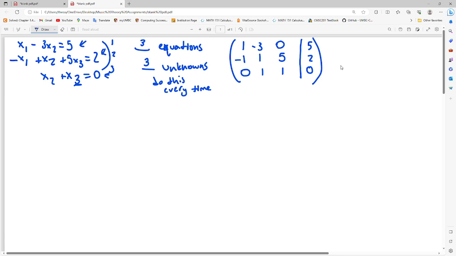So now that we have this, we need to figure out how we are going to solve this. Well, what we want to do is make sure that the matrix looks like this. Our goal for this matrix is to have zeros right here, and then we can just have numbers right here.